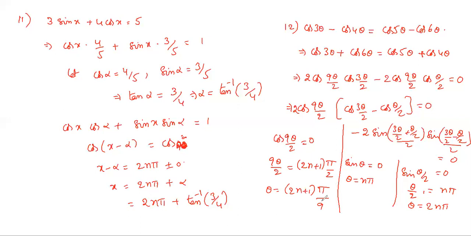And here, what is the common solution from 1, 2, and 3? So the general solution: if you observe, this is n pi and this is 2n pi.